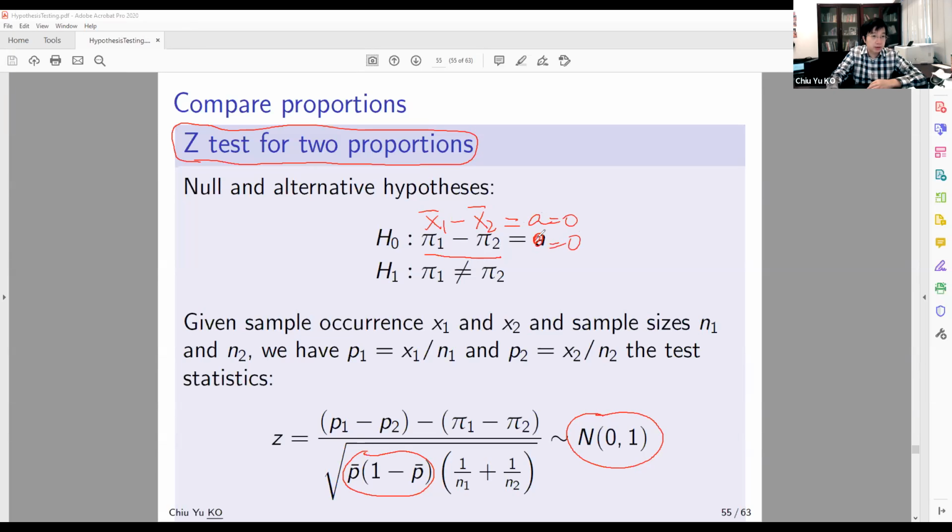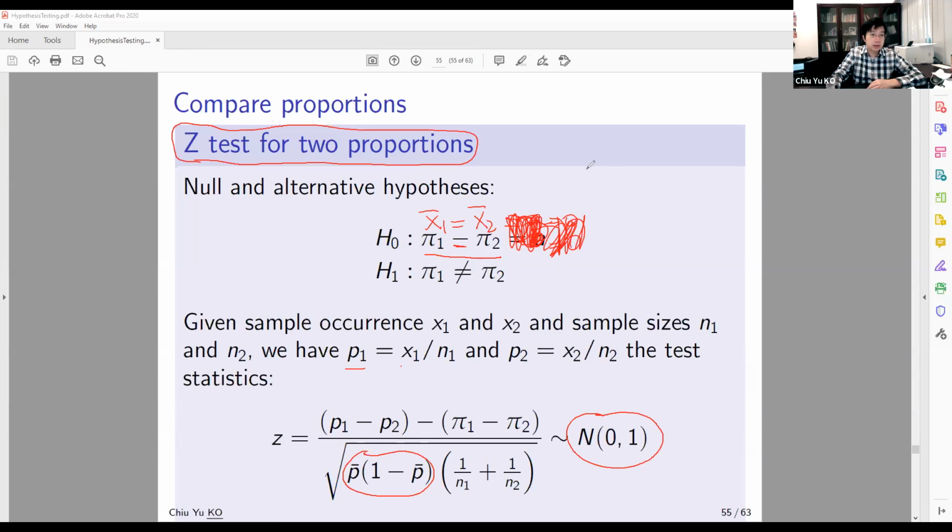Let's forget about a and make it 0. Whether equal or not equal, that may be even easier. Let's focus on this case, where the difference is 0 and the sample proportions are the same.